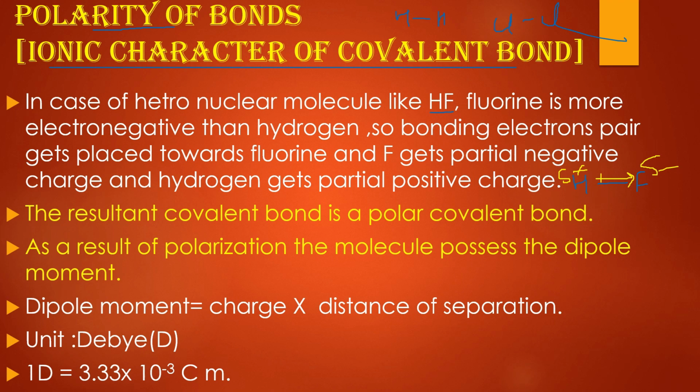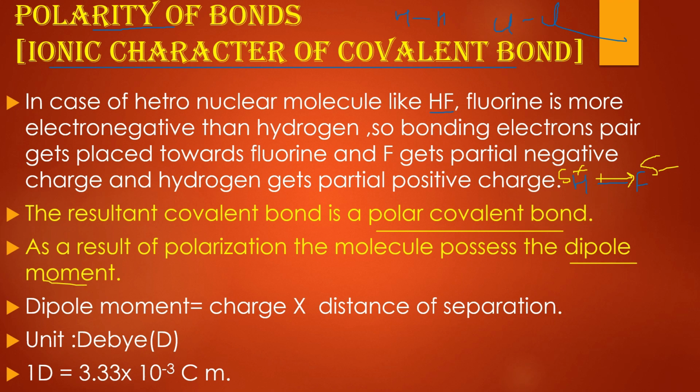So in this way a dipole is created in a molecule in which the atoms have different electronegativity, and in this manner the covalent bond gets polarized, or there is ionic character in the covalent bond. Now the resultant covalent bond is called a polar covalent bond. As a result of polarization, the molecule possesses dipole moment.